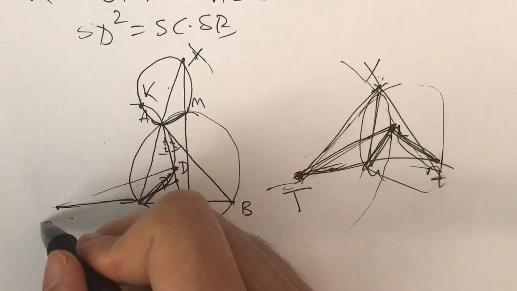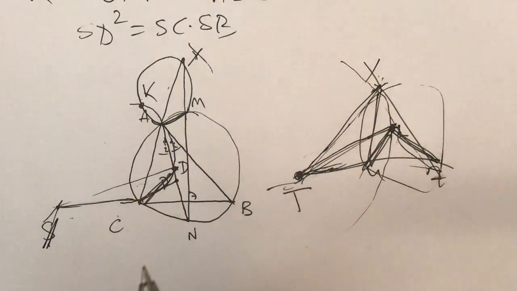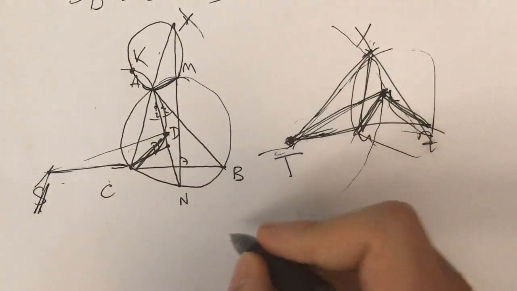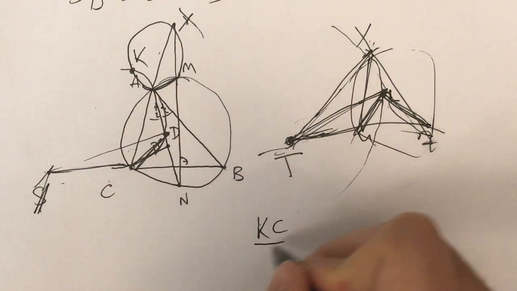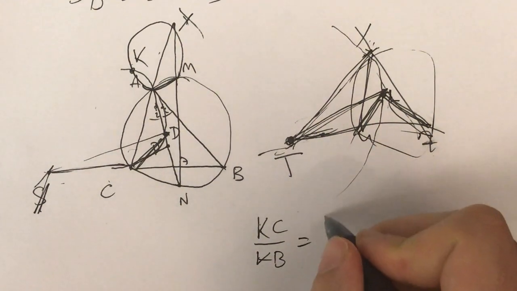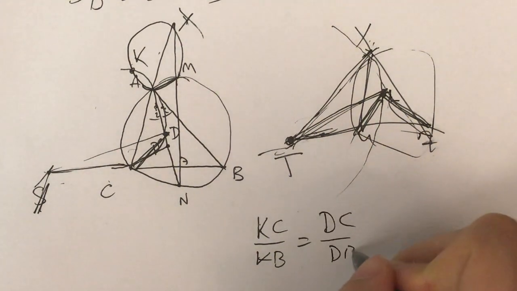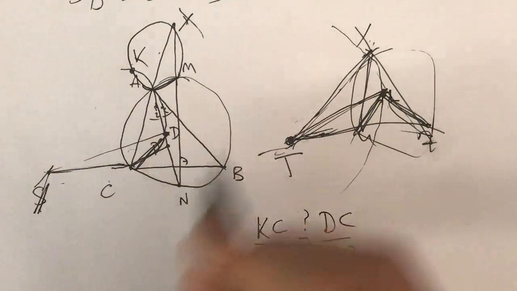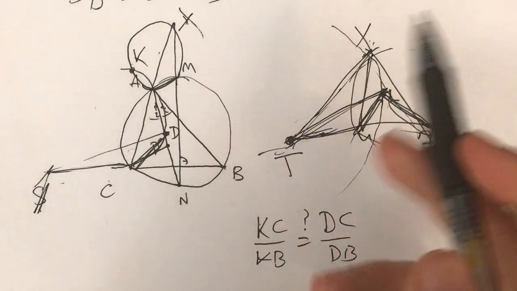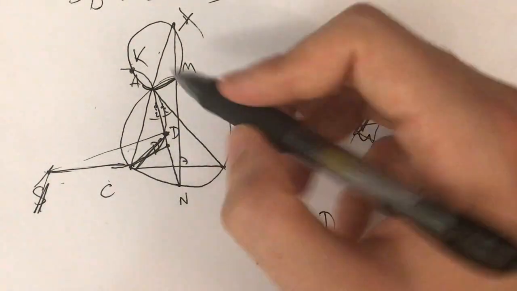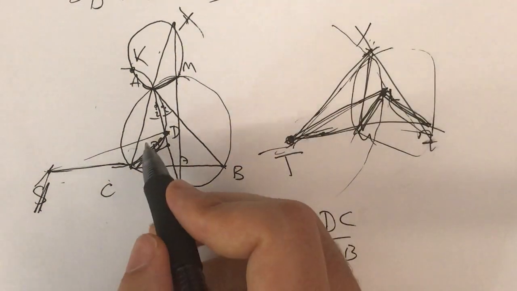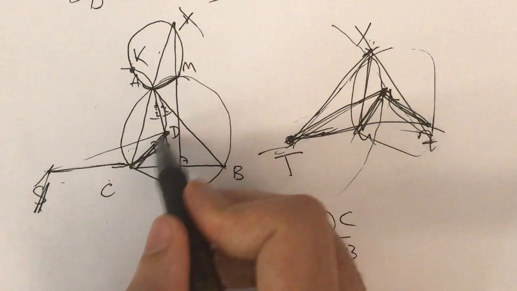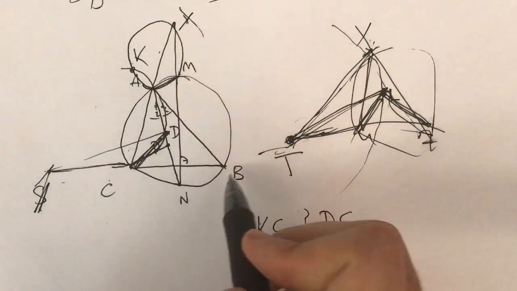So now here, we don't really need S. If you want to look at the cleanest picture possible, we just have this K, and we need to prove that KC over KB is equal to DC over DB. If we prove this, we are done with the problem. And there are other interesting things about Apollonius circles, which these are called, that you can look at this as, on one hand, DC over DB is KC over KB.